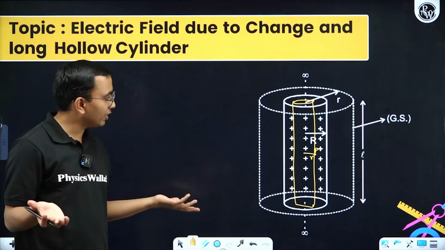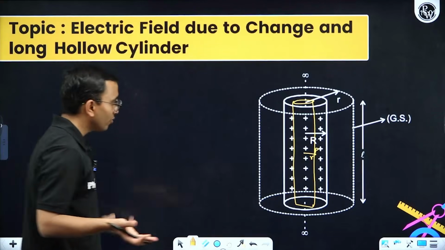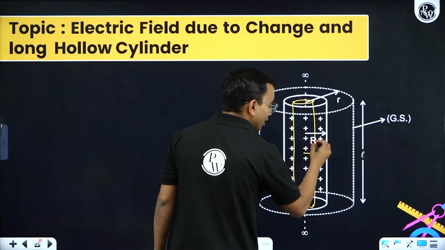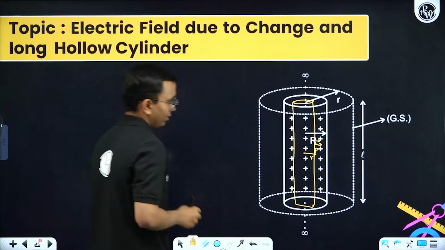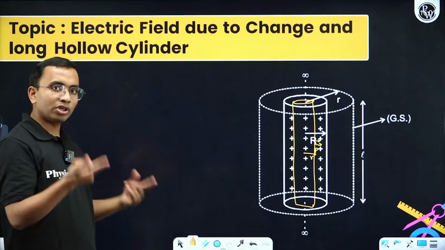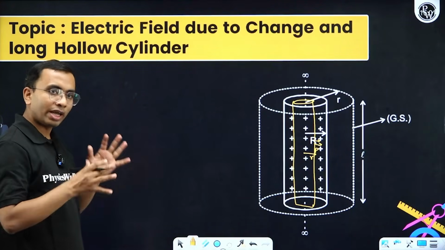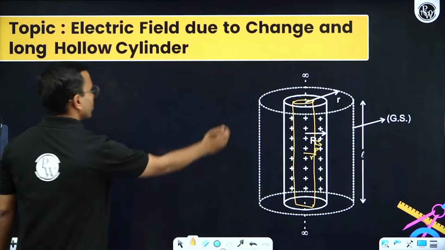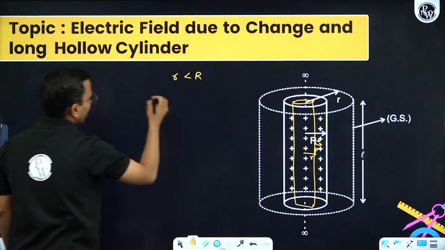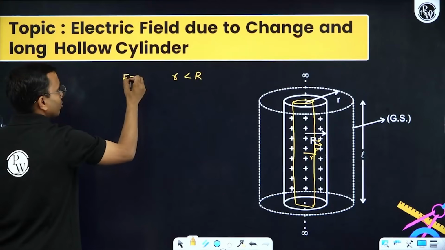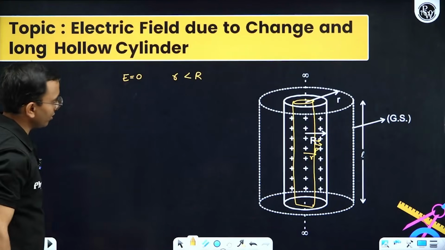So what will be the electric field there? 0. Why? Because in E dot dA, from symmetry E and dA are in the same direction. E dot dA is not 0 because of cos of 90. No, the angle is 0 there. So for r less than R, the electric field is coming out to be 0 because there is no charge inside the Gaussian surface.